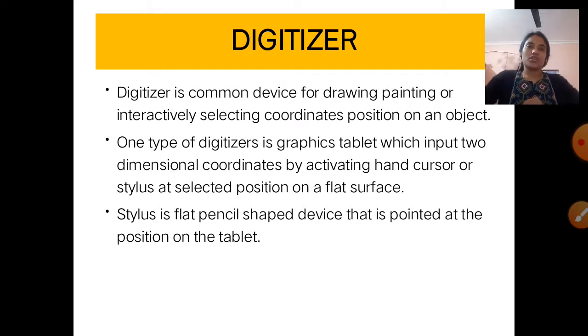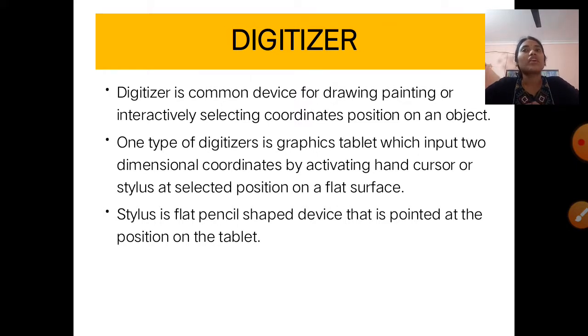One type of digitizer is graphics tablets which input two-dimensional coordinates by activating a hand cursor or stylus at a selected position on a flat surface.